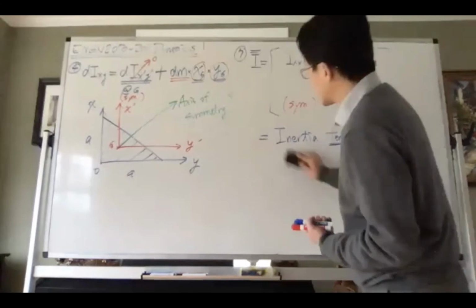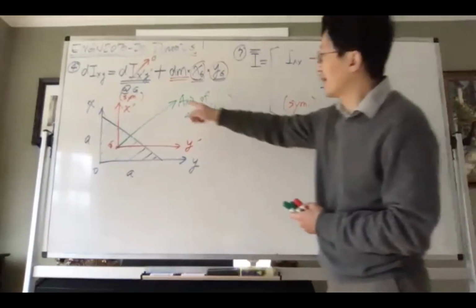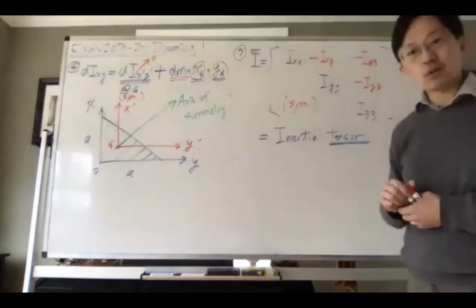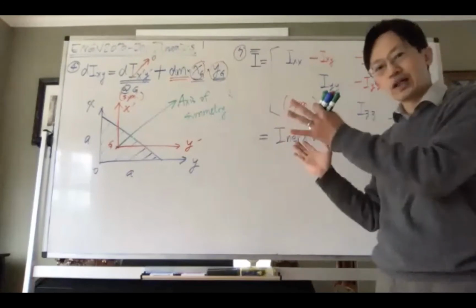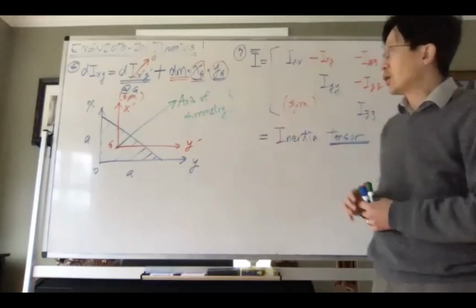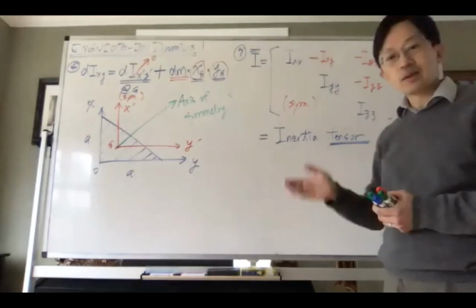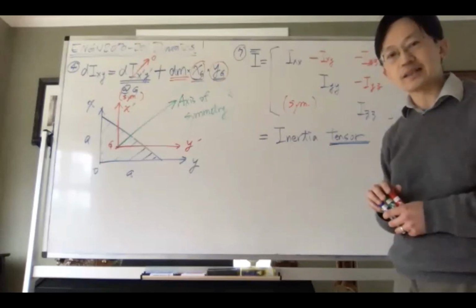So next time, I'm going to show you how we can use this. Now we have all these terms not being zero, but it turns out that if you rotate your xy axes to certain angles, you can actually eliminate off-diagonal terms. And that is what we're going to do on Monday. And that's what I call determination of principal axis of inertia.